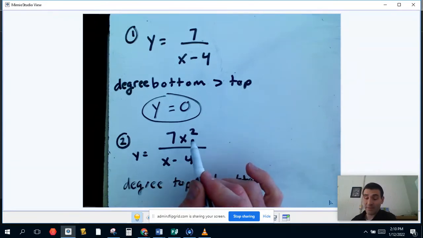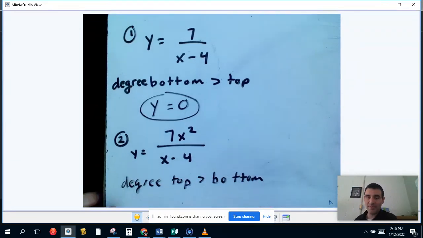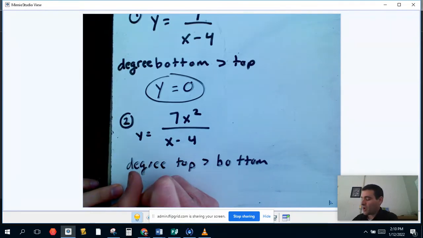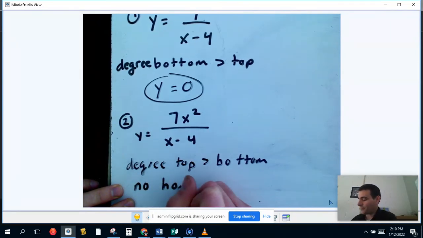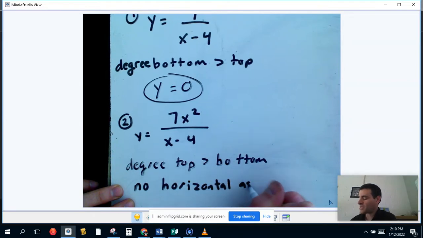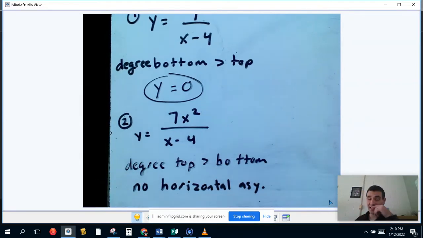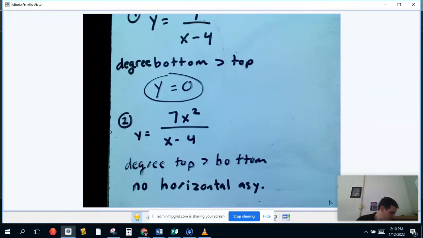Here, the degree at the top or the numerator is 2, the degree at the bottom is 1. Here, there is no horizontal asymptote. You actually, in this case, would have something called a slant asymptote if the degree is exactly one more on top than on bottom. Okay, but in general, you're not going to have a horizontal asymptote if the degree on top is bigger than the degree on the bottom.